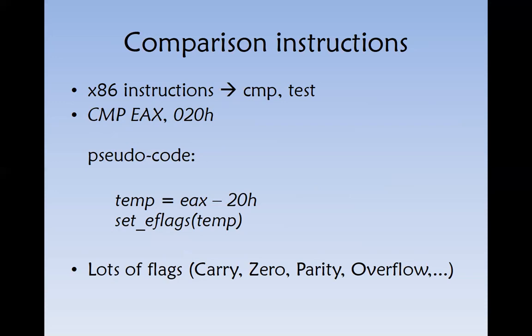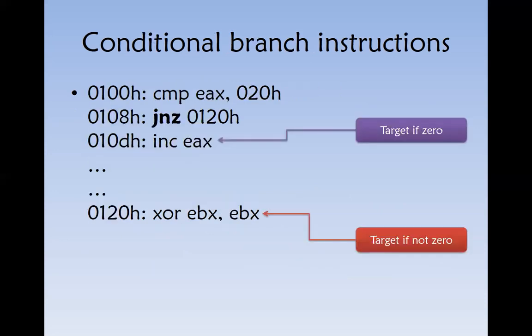You want to check whether there's an overflow or whether you have to do a carry. The zero flag tells you whether the value is 0. You also have parity bits and so on, so you might want to track taint at that level. The comparison instruction will affect each one of these flags, and so you have to propagate taint in that particular way.